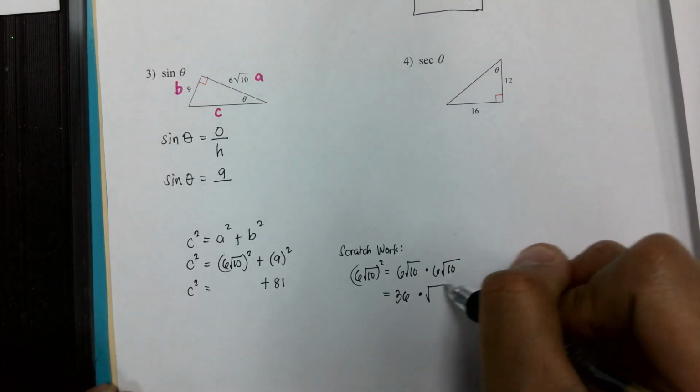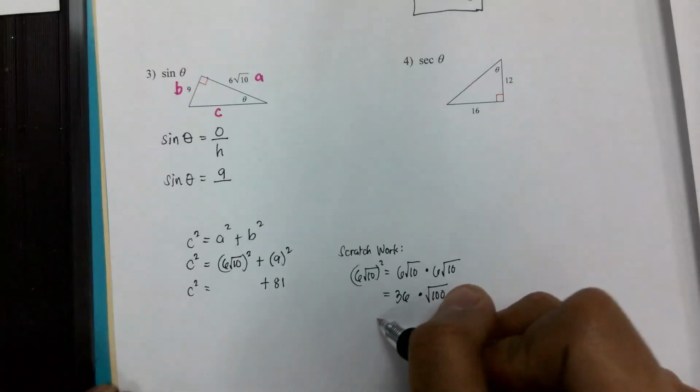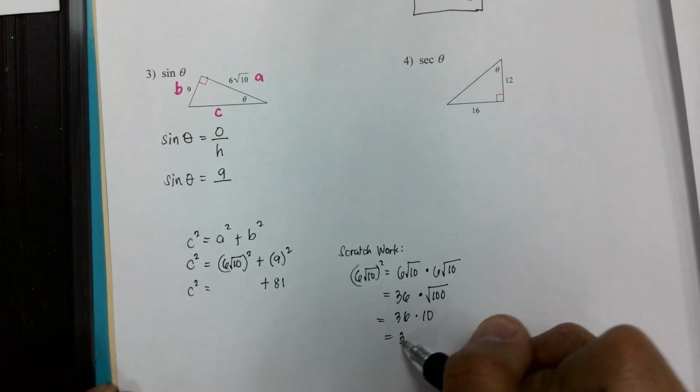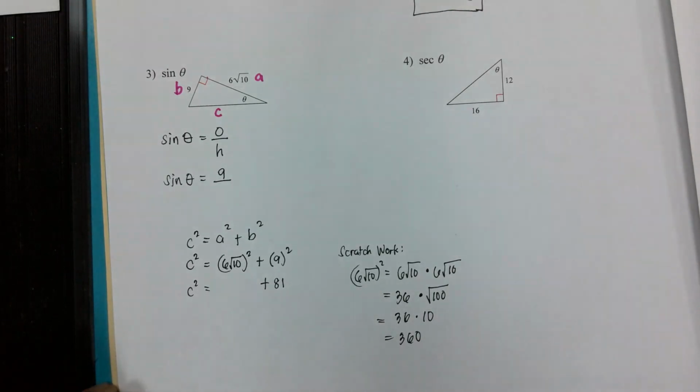Square root of 10 times square root of 10 is square root of 100, and the square root of 100 is 10, and so we have 360.